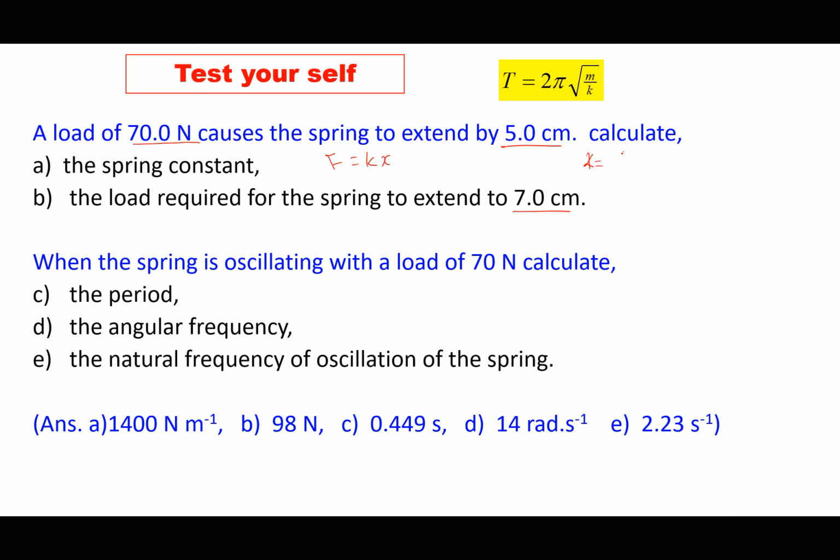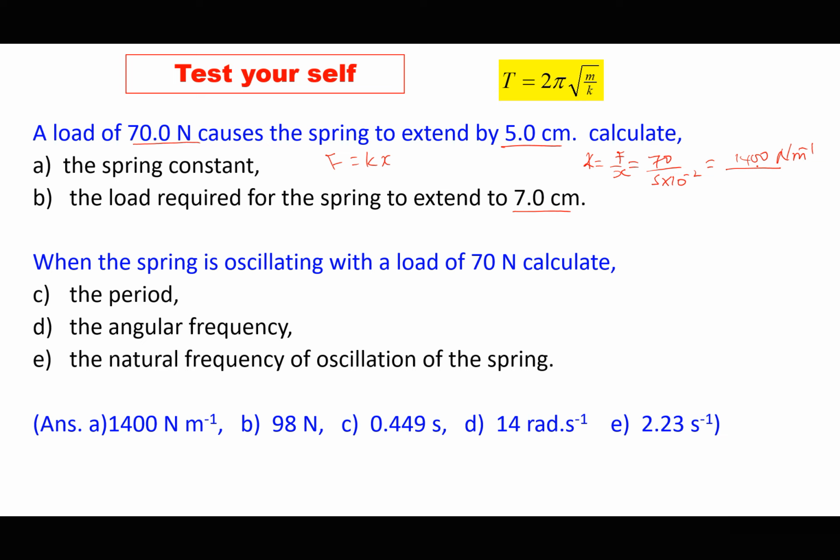K equals the load divided by X. K is equal to the load, which is 70, divided by X, which is 5 times 10 to the power of minus 2. So that gives us our constant in newtons per meter. I think that is 70 divided by 5, so this is 1,400.